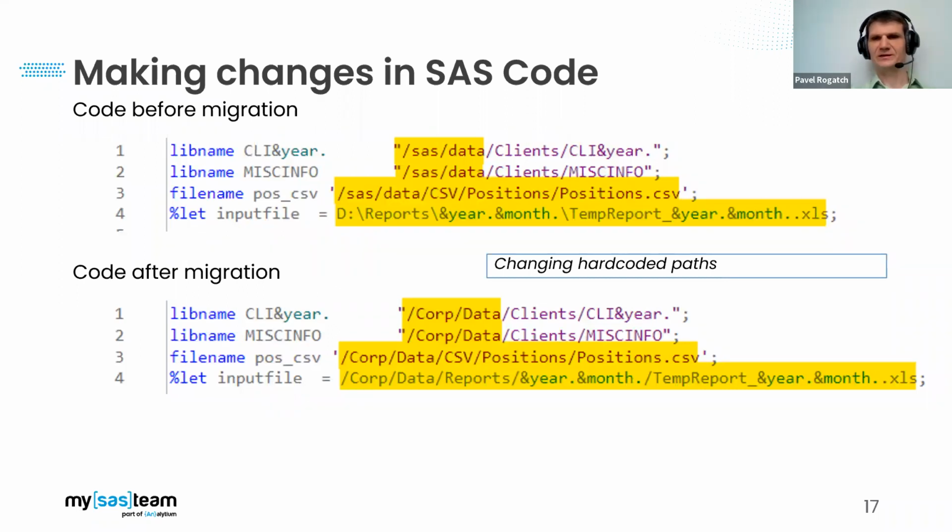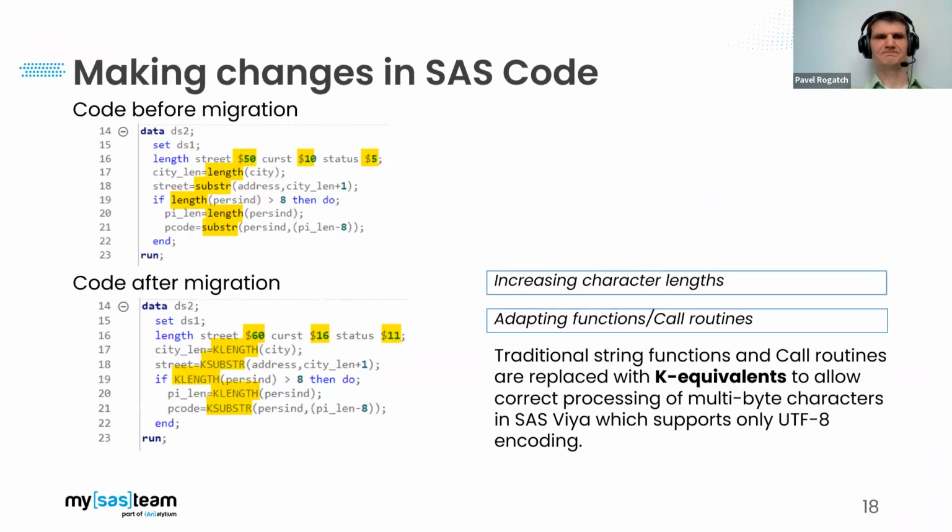The next slide shows other changes that were also done programmatically in SAS files. Here you see increasing of character length and adapting functions and call routines. Why it was needed, first of all, let me say a couple of words about this.